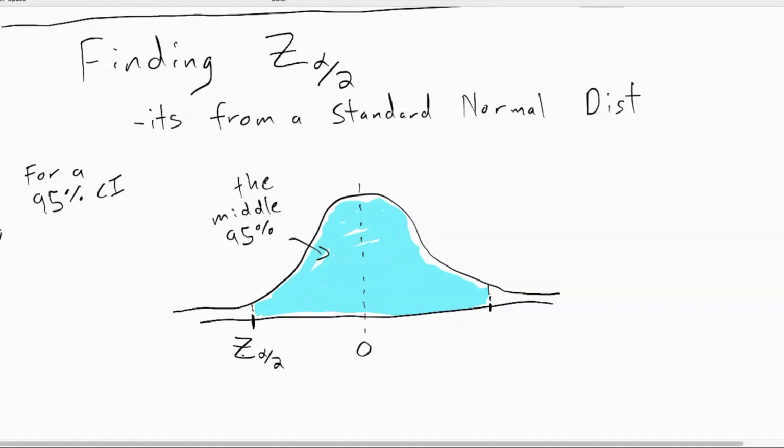But there's a little bit more to it, and another thing that will make this number a lot easier to find is to recognize that if there's 95% in the middle, how much is just in this pink area, just in this lower region? If there's 95% in the middle, then on both outsides there's the rest of it: 100% minus 95%.